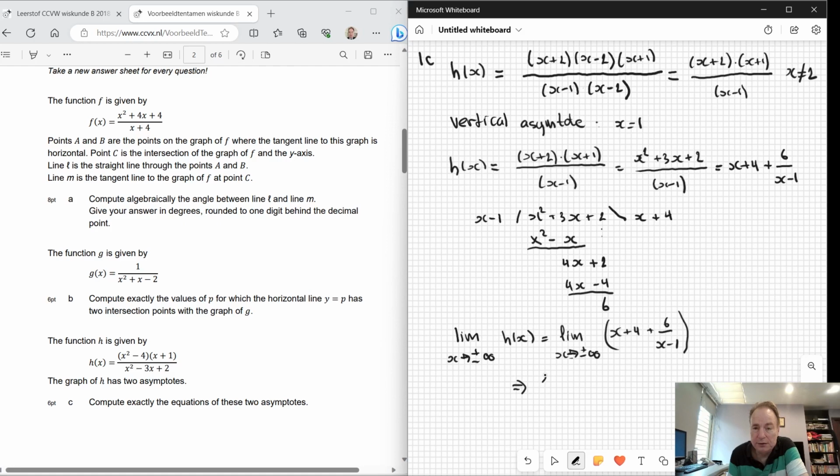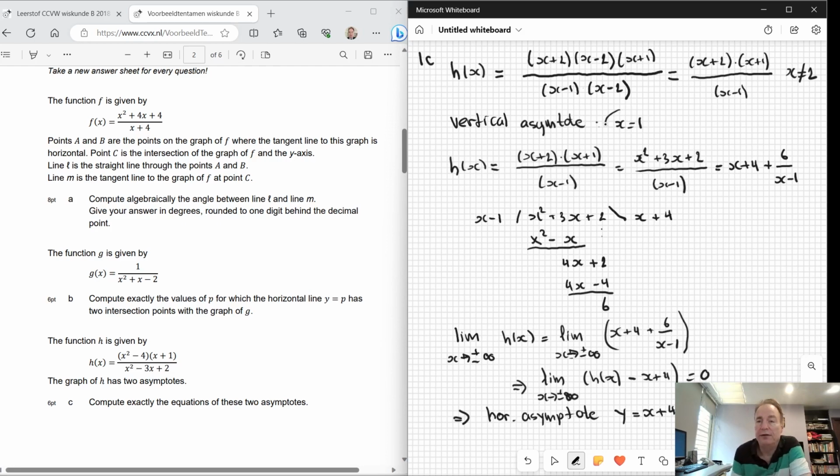So basically the limit of x going to plus or minus infinity of h(x) minus (x plus 4) is 0. The horizontal asymptote is the line y equals x plus 4.